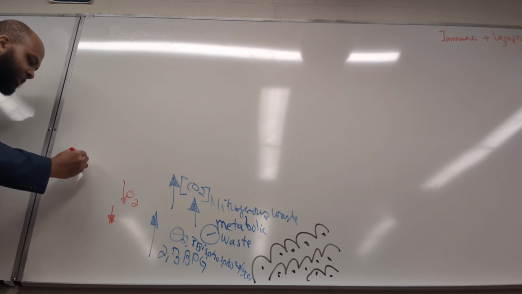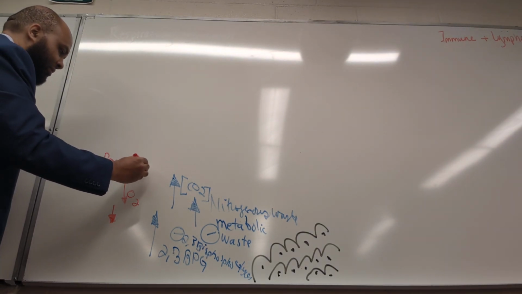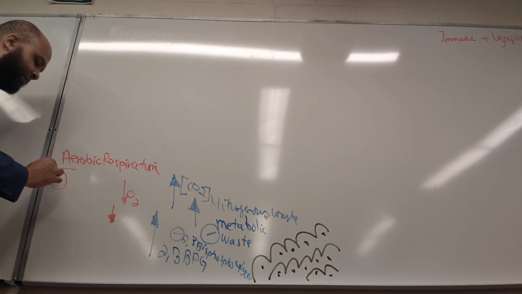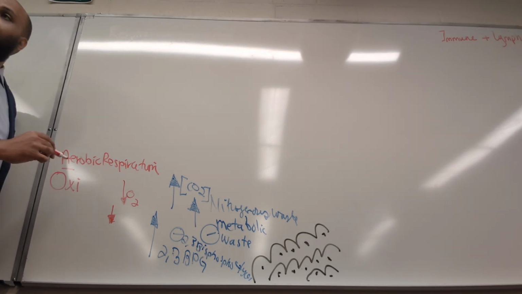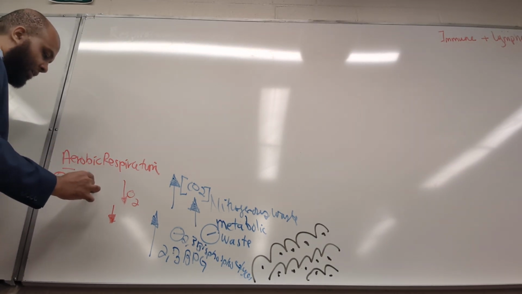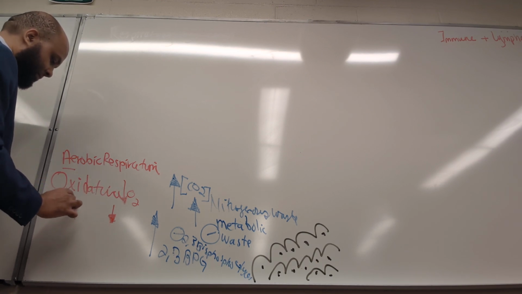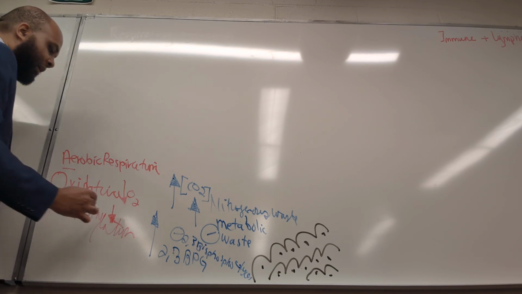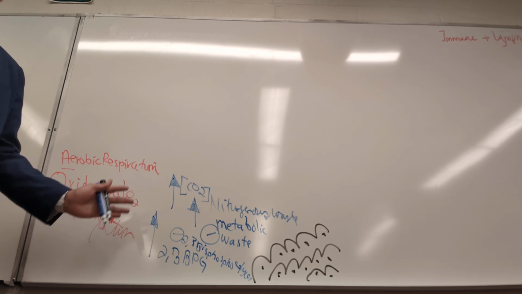So aerobic respiration, consuming oxygen. And also, what else do we have? Excellent, oxidative phosphorylation. So these are consuming my oxygen level. That's why I need the blood to come through.